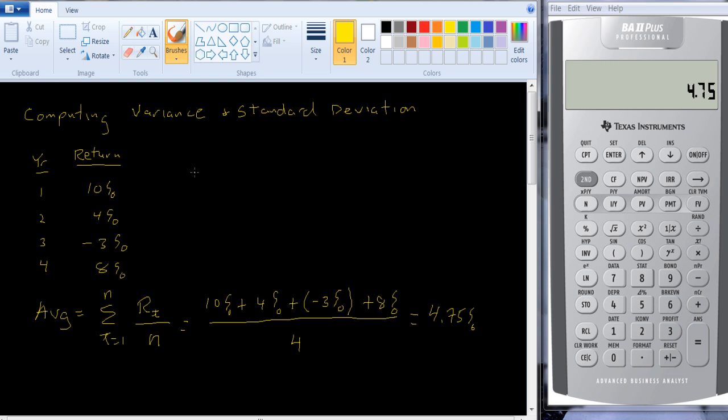So what we want to do is compute the deviation from the mean. In fact, let me give you the formula for variance.